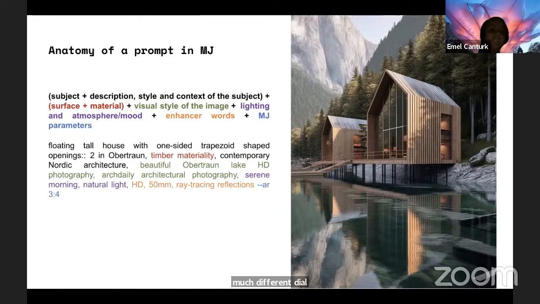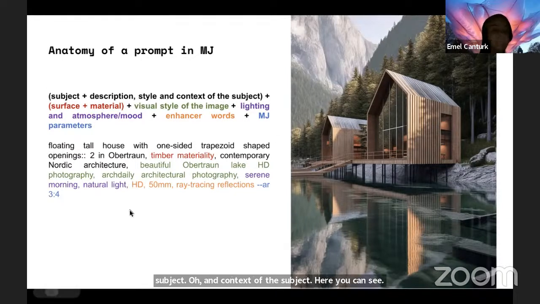First goes the subject and the description of that subject, style and context of the subject. Here you can see, this is the thing I want: a floating tall house with a one-sided trapezoid-shaped opening. Don't look at the rest, I'll explain later.